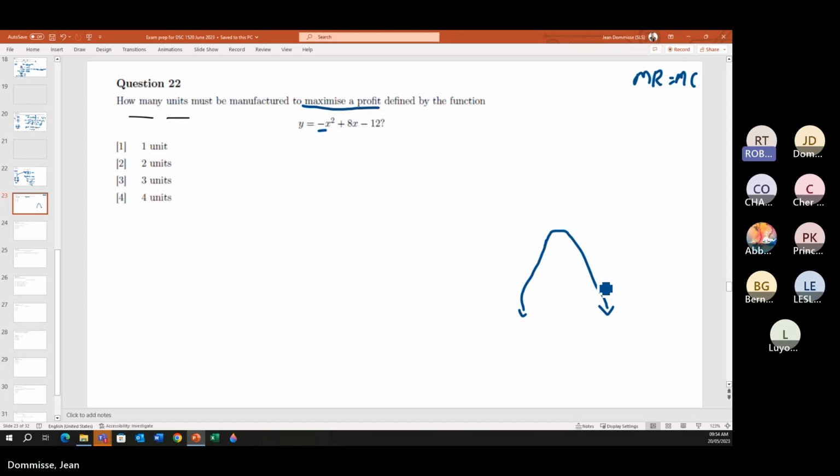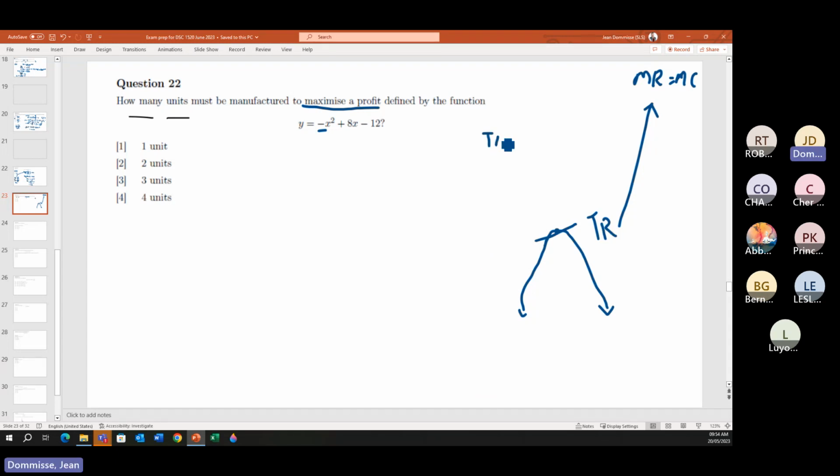Right at the top. Okay, right at the top turning point. So at your turning point, that is going to happen. So you don't need to go the route of trying to solve marginal revenue or marginal cost. You can just work out what the turning point is.